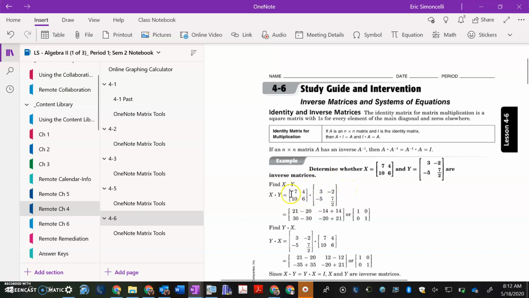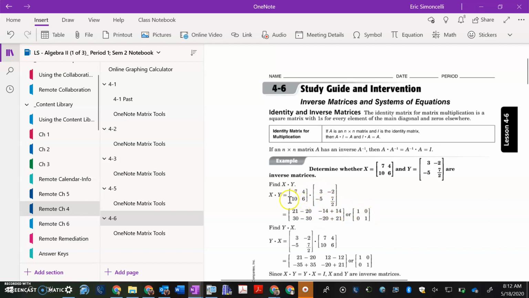So I take 7, 4, and 3, -5. I do 7 times 3 plus 4 times -5, 21 minus 20. That's 1. I take 7, 4, and -2, 7 halves. 7 times -2 plus 4 times 7 halves ends up being -14 plus 14, or 0.